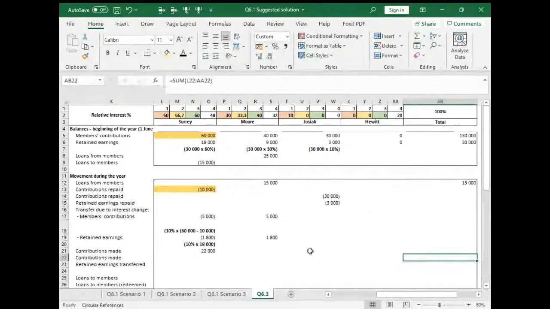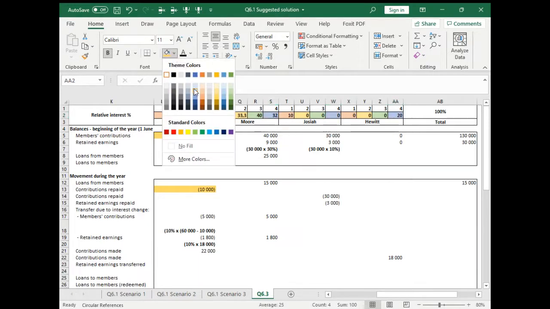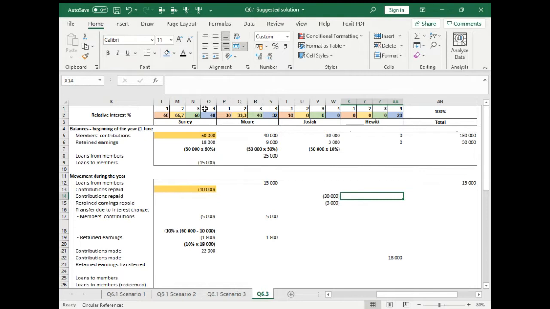Okay, so if we look at this, we know Hewitt has now made an 18,000 contribution into the CC. But because he's now acquired 20%, this is how these amounts up here changed. We'll show you how to amend Surrey and Moore's percentages shortly.